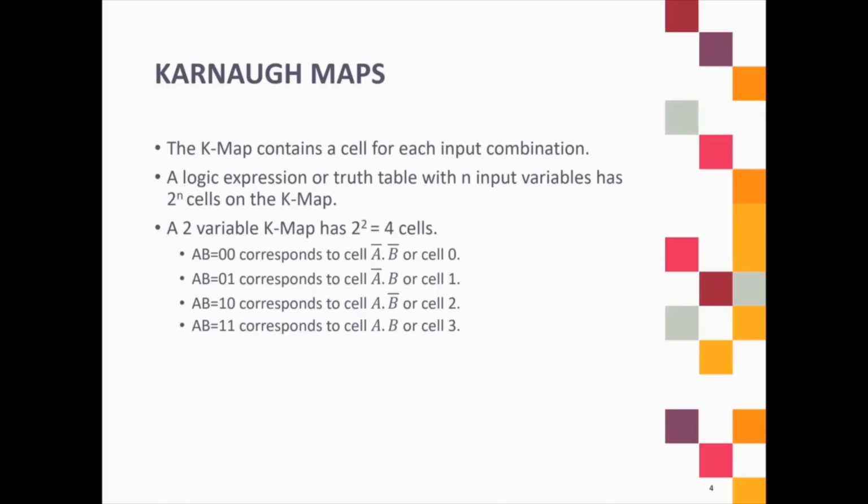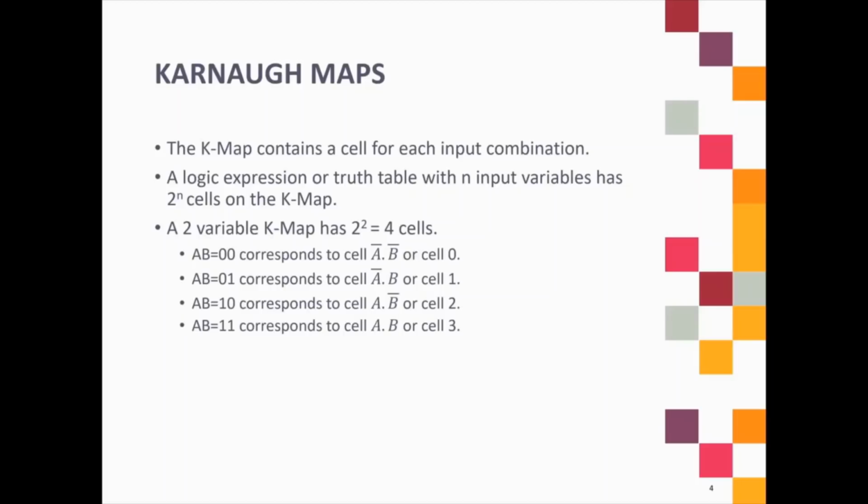So the number of cells is actually referring to the number of combinations, 2 power of n. And then each cell will represent a product term for each combination of input variables.